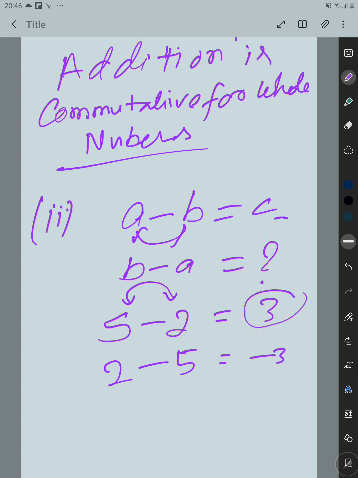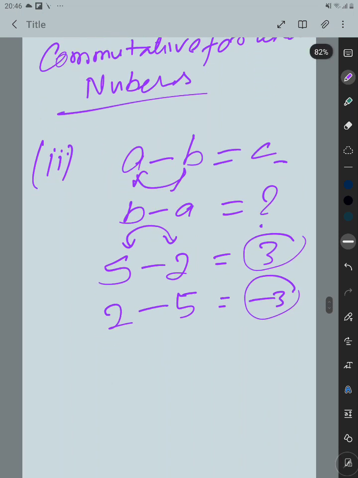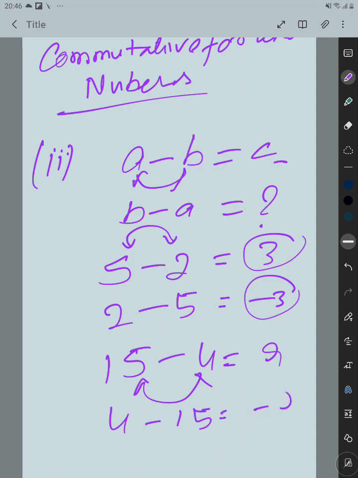And minus 3 and 3 are not the same. Take another example, 15 minus 4, where we take a smaller number. You will get 11, and if you interchange the places, 4 minus 15, you will get minus 11. This minus 11 is not a whole number, and 11 and minus 11 are different also.